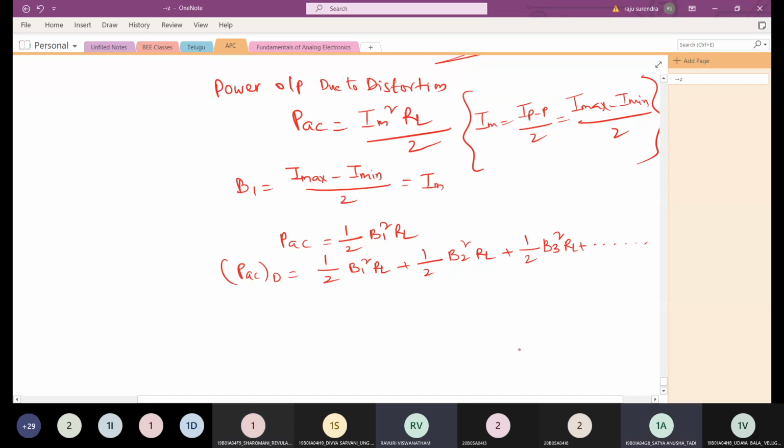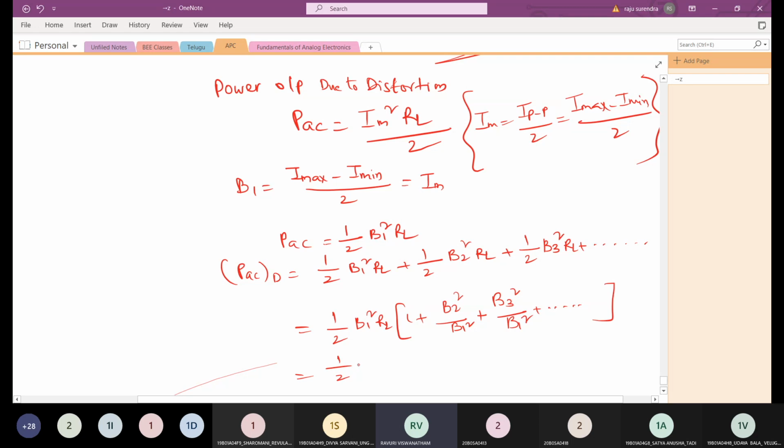You just take the common factor 1 by 2 B1 square RL. Then 1 plus B2 square by B1 square plus B3 square by B1 square plus so on.